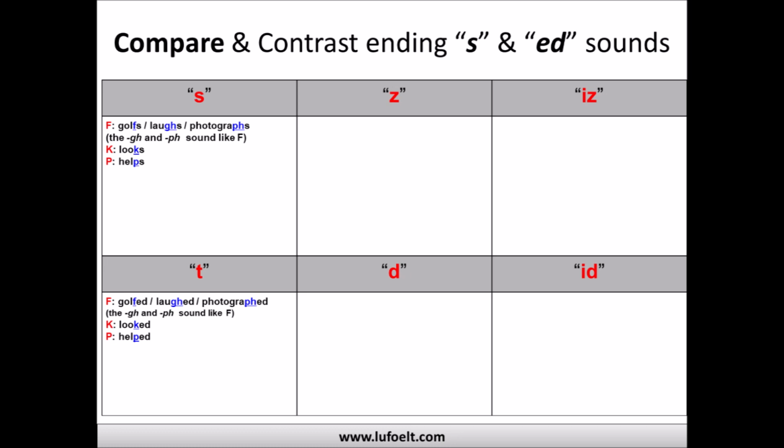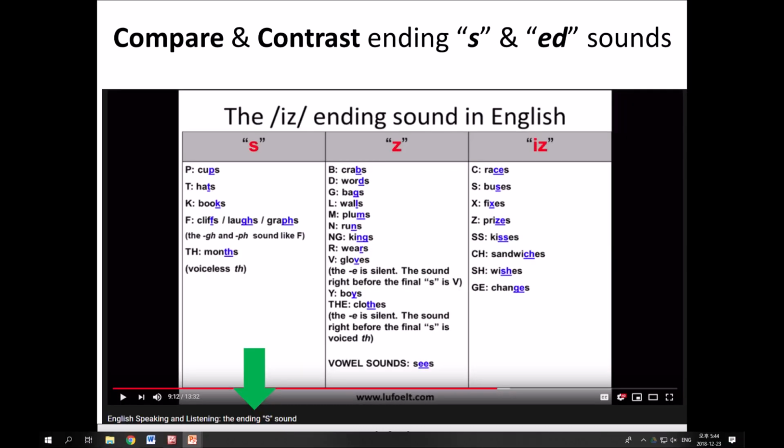All right, so you're comparing the simple present tense with the past form of this verb. All right, and it's easy to practice the pronunciation of the present form and the past form when you first learn this by following these rules. And I lay this out very clearly in the video about the ending s pronunciation.